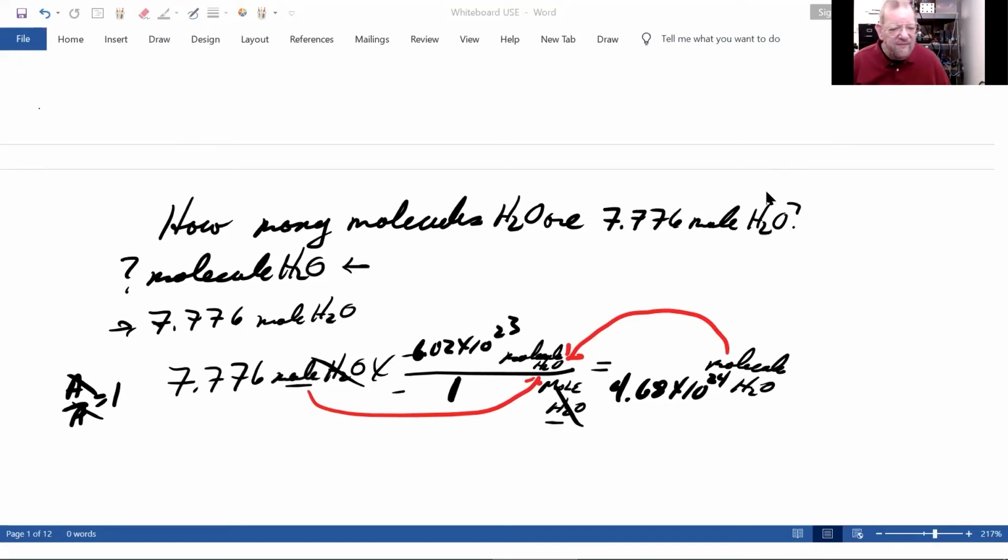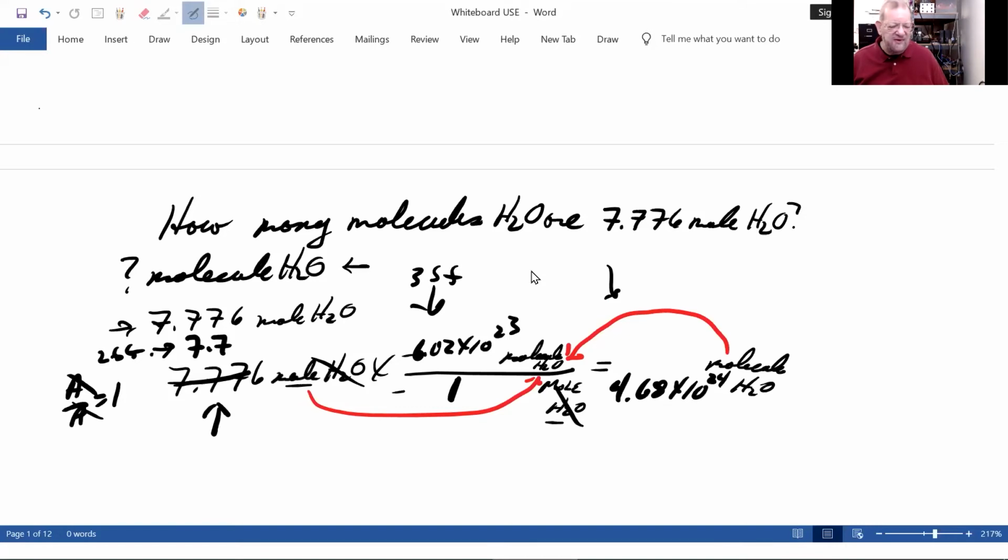Got a question? All right, now the question is, should we always round off our answers to 3 decimal places? And the answer is no. You have to check the numbers, like here and here. Now, instead of this, what if I put 7.7, then whatever number you got here, which is not the same as I have on the paper, but you would have to round off to 2 significant figures, because now this would be 2 significant figures, and this is 3 significant figures.